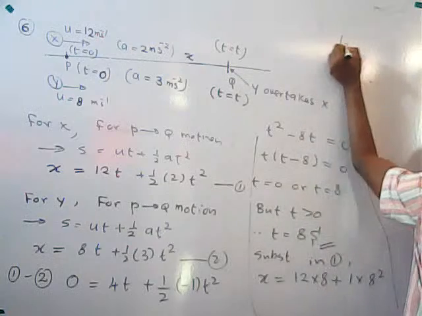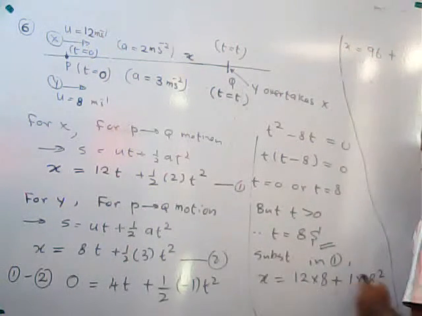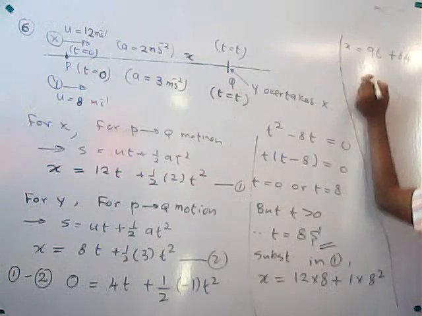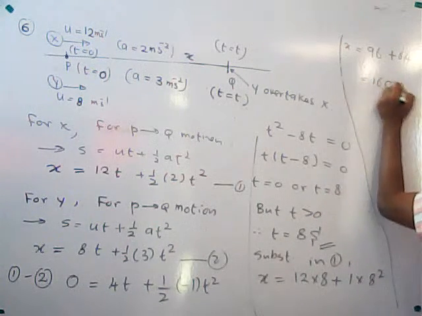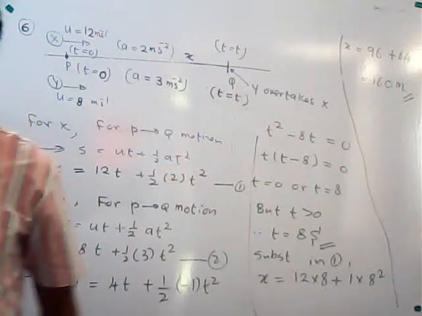So x equals 96 plus 64. Now you get a nice answer. It's 160 meters. 160 meters.